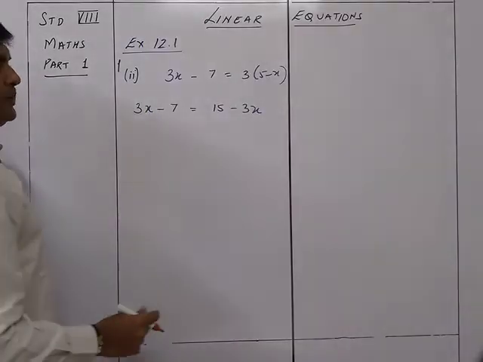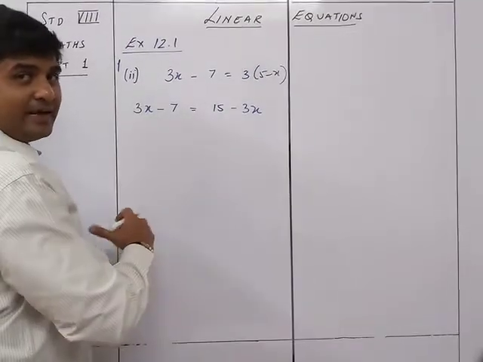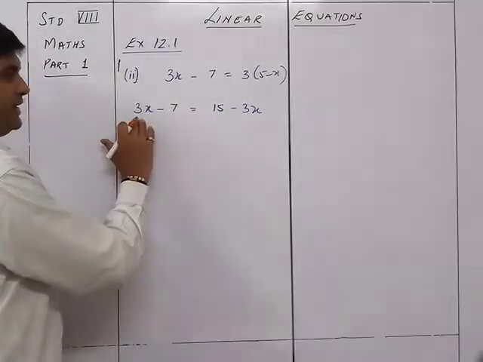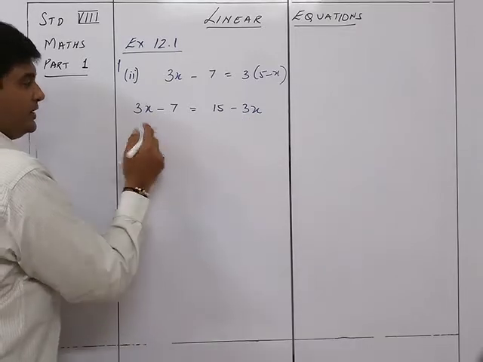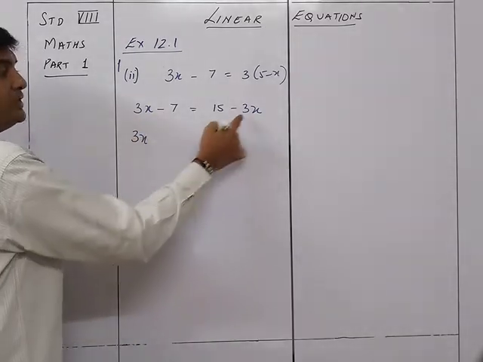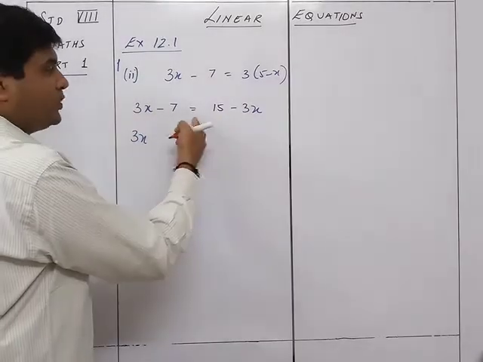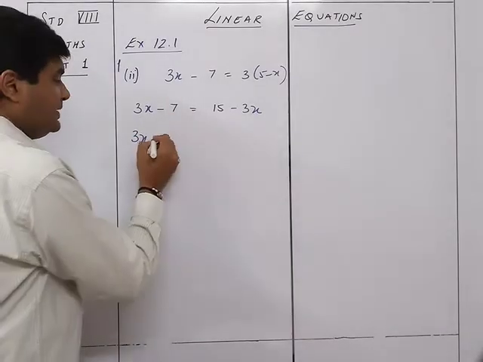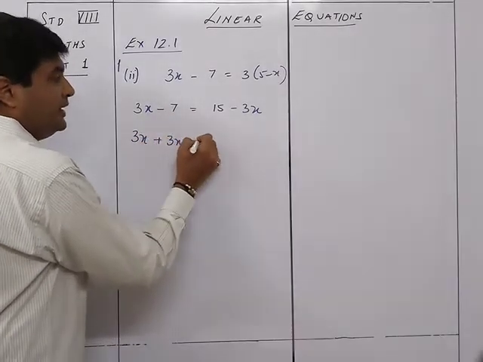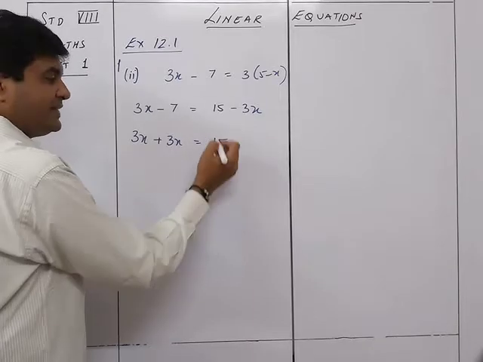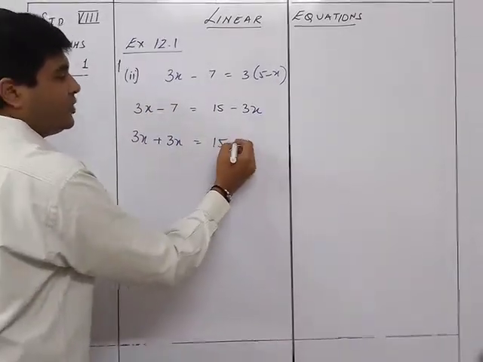Now what you do is bring all the variables on one side and the numbers on one side. So 3x is already here. You will bring that minus 3x over here. So what happens? This is 3x. Now this is minus. So minus जब भी equal to sign को cross करेगा तो क्या बनेगा? Plus बन जाएगा. So it will be plus 3x is equals to 15. यहाँ पे 15 तो पहले से ही है. ये minus 7 को इधर लेके आएंगे तो it will become plus 7.